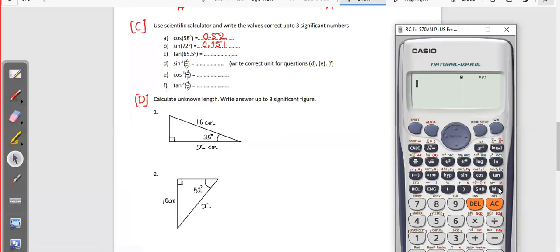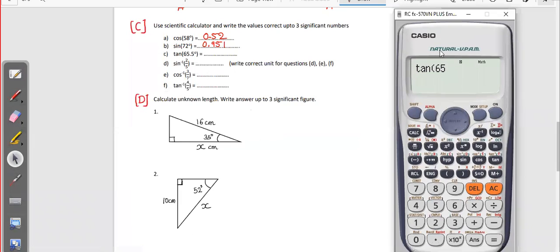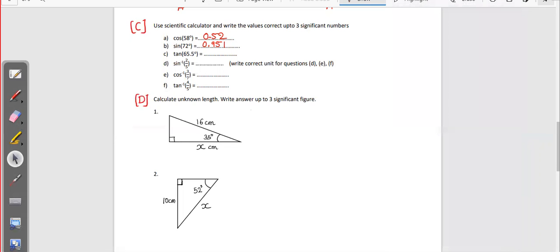Tan of 65.5 degrees. Close the bracket. Answer is 2.194299. We have to write the answer up to 3 significant figures. Then the answer will be 2.19. Okay.